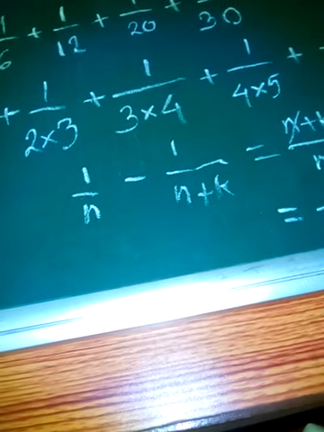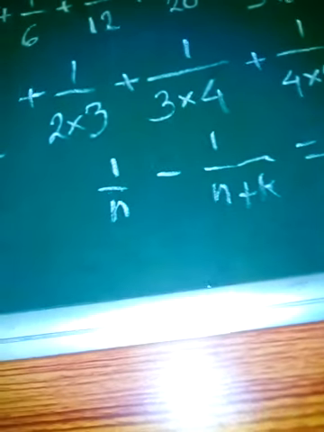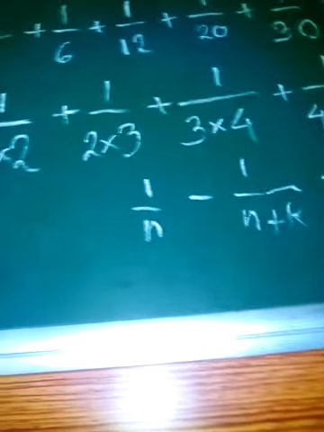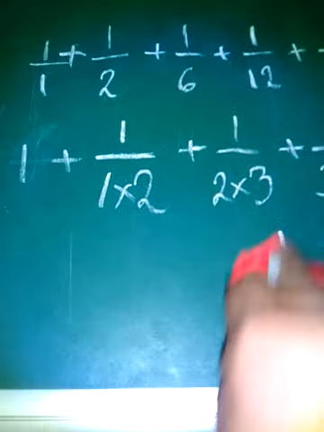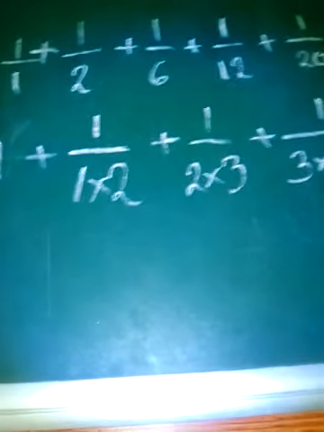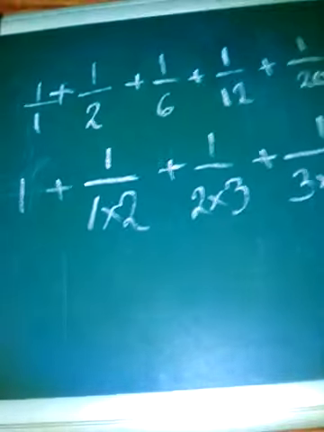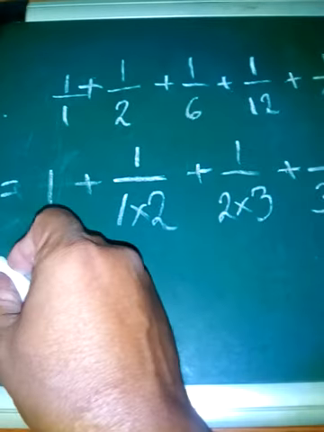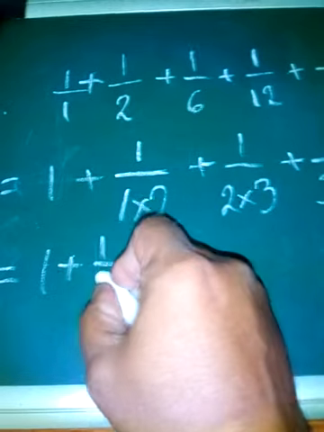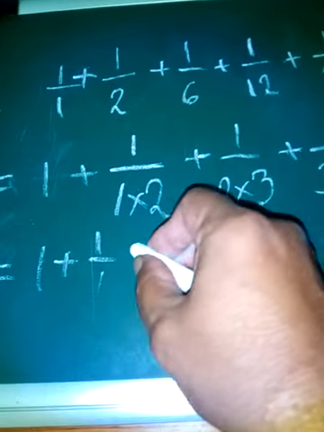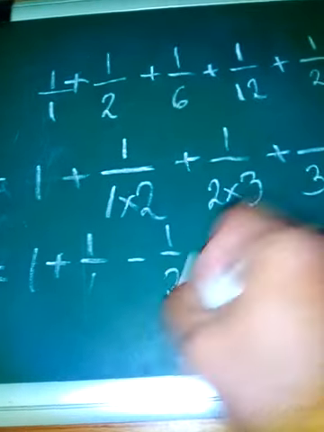So if this observation is taken into account, then this whole thing, this 1 into 2, difference is 1, n into n plus 1. So this can be written as 1 upon 1 minus 1 upon 2.